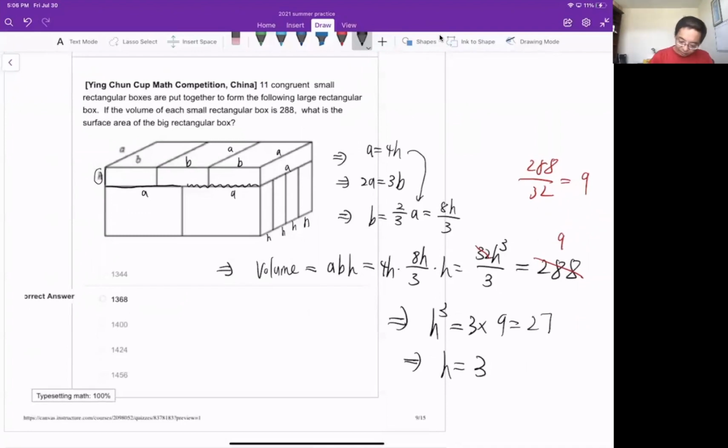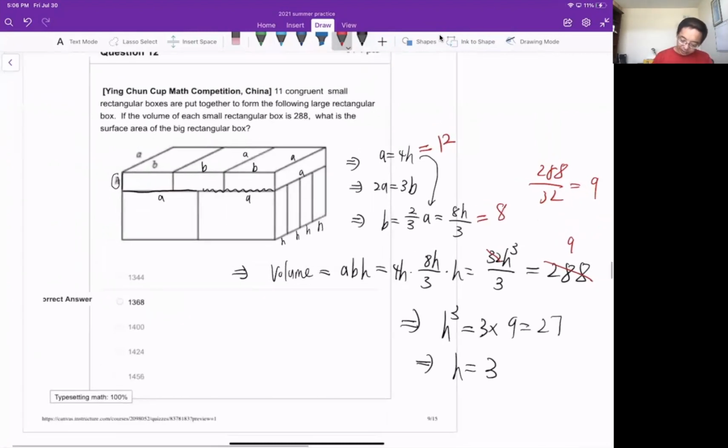So after we get h is 3, then a will be 12, and then b, if h is 3, so b will be 8. Okay, so this gives us the dimensions of the larger rectangle box. From here, this one is 2a, therefore this is 24.